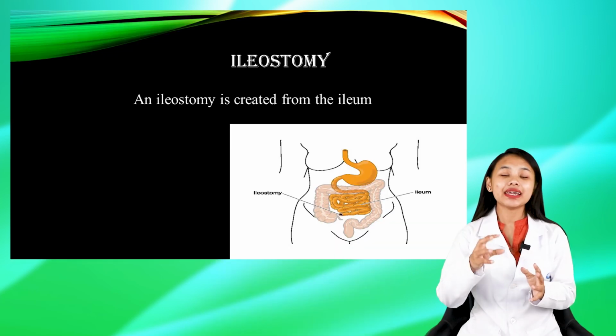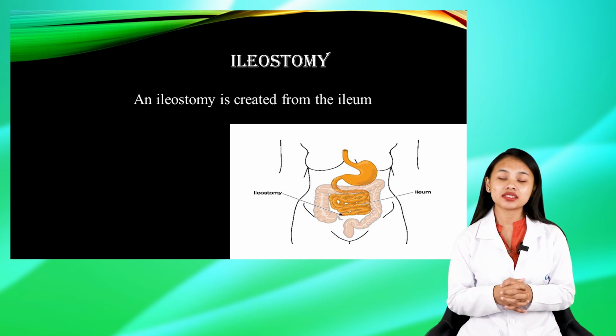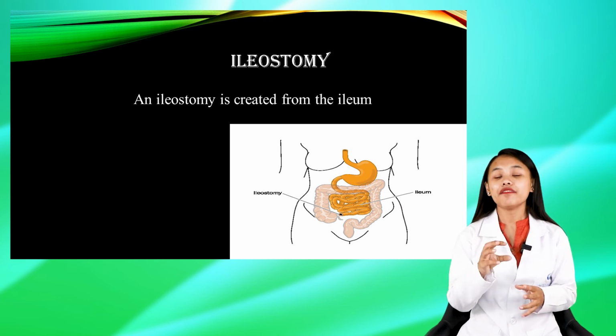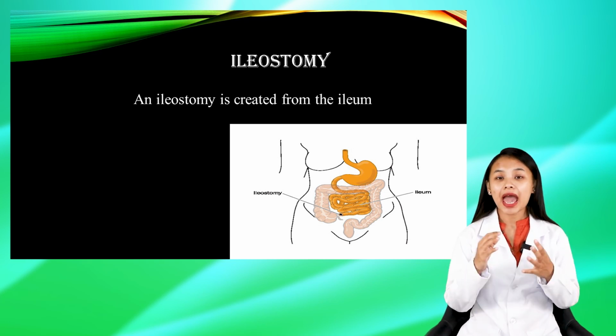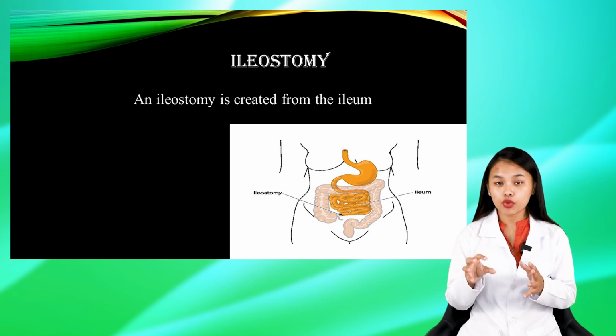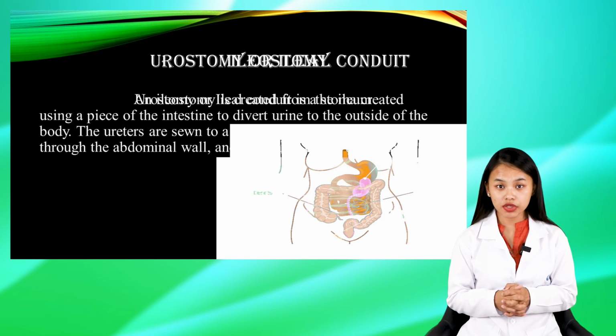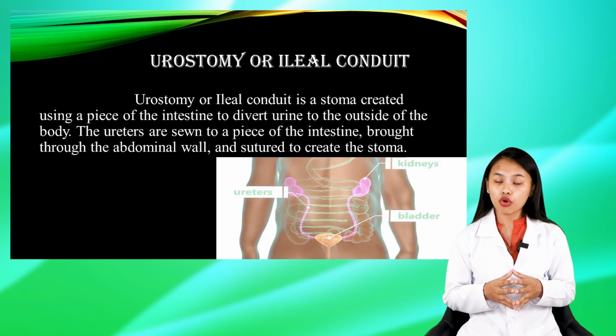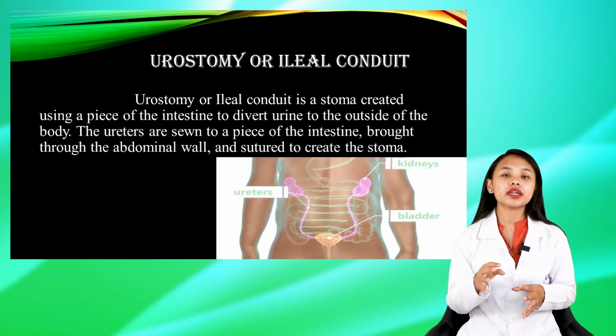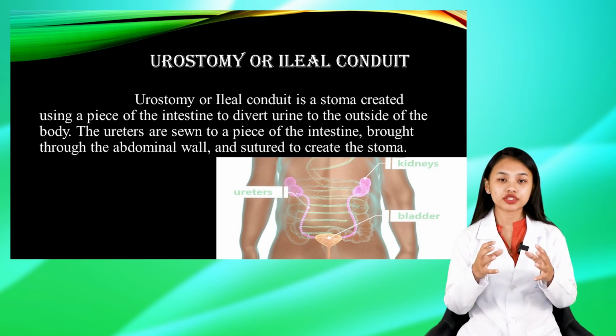If an opening is made in the colon, it will be known as a colostomy, whereas it is named an ileostomy if an opening has been created in the ileum, which is the small bowel. There is also another opening known as the urostomy.